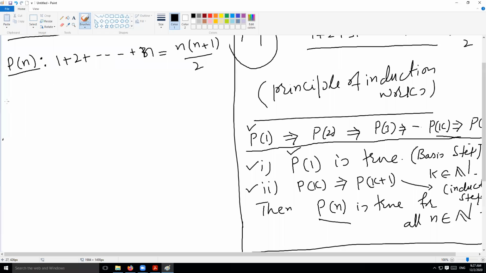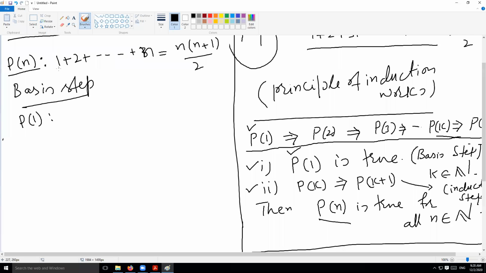In order to prove the basis step, we need to verify the given statement for n equal to 1. In other words, we need to show that P of 1 is true. Now, what is P of 1 by definition? Take the sum of the natural numbers up to the first natural number.